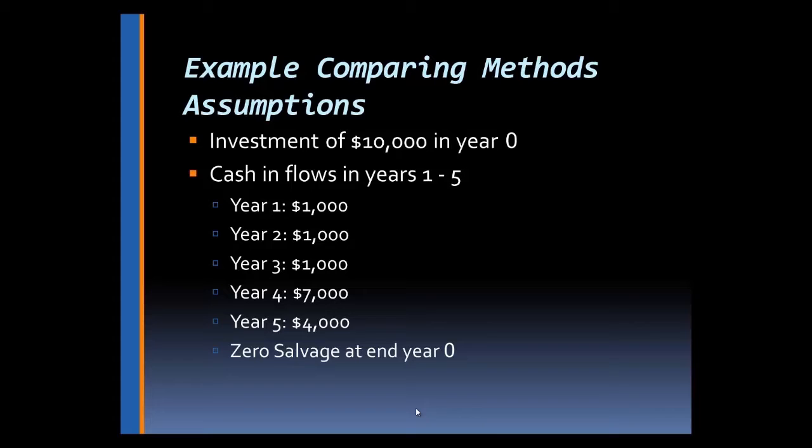Years 1, 2, and 3, we earn $1,000 each year. In year 4, we earn $7,000. In year 5, we earn $4,000. So for a $10,000 investment, we will earn over the 5-year life of the asset $14,000. And in this particular example, we have no salvage value.